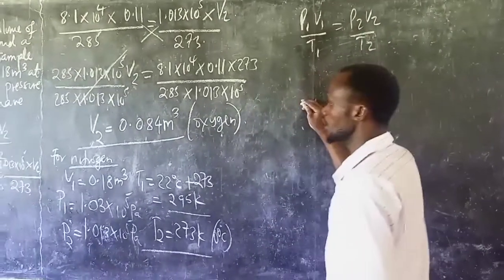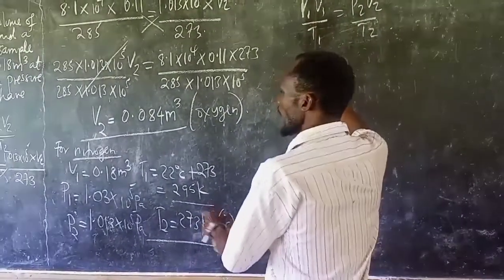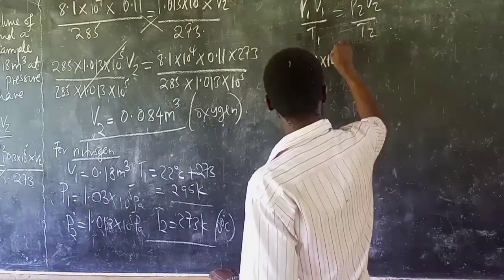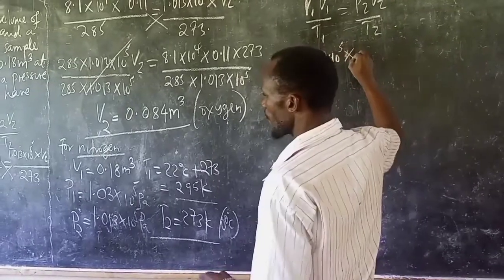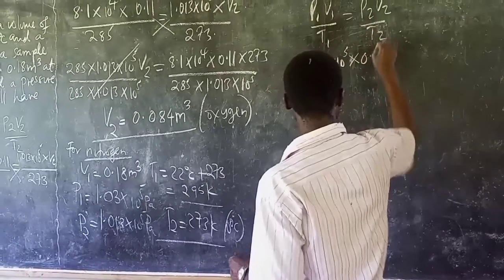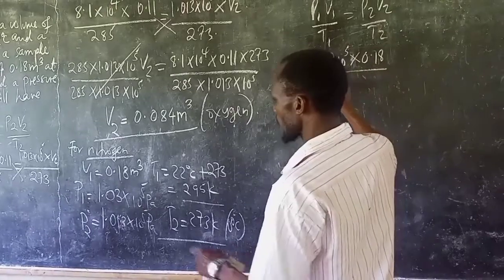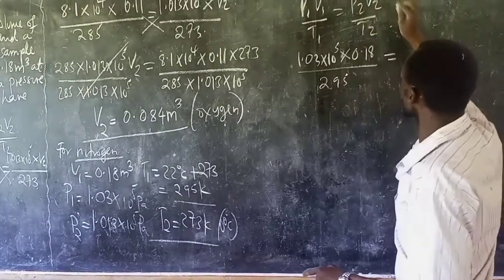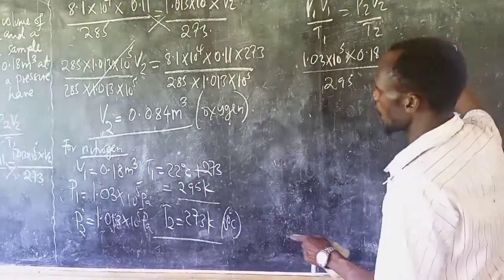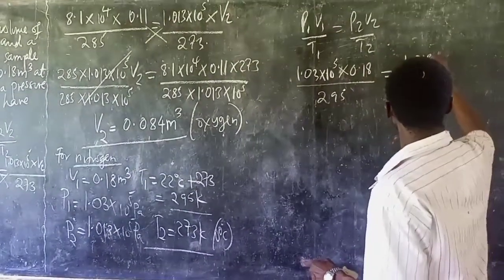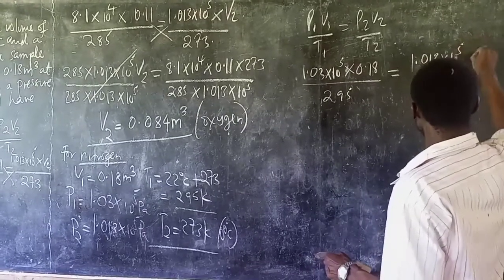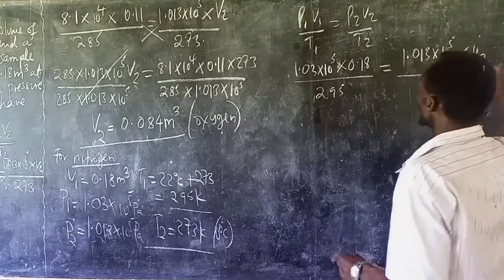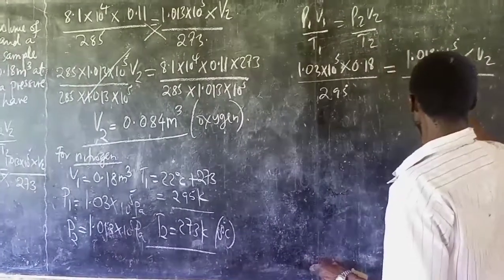Now we substitute what we've been given. The first pressure is 1.03 times 10 raised to power 5, times the first volume 0.18, over temperature 1 which is 295, is equal to the second pressure 1.013 times 10 power 5, times the second volume that is missing, over temperature 273.